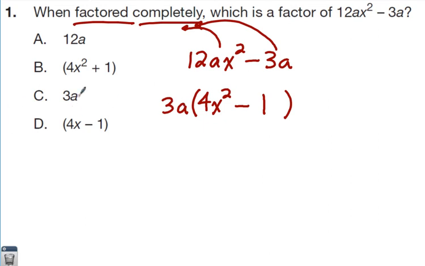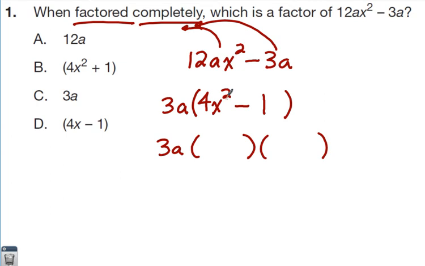So I think it's going to be C, but just for a thorough review, let's review how a difference of two squares will factor again into a couple bubbles, essentially unFOIL.